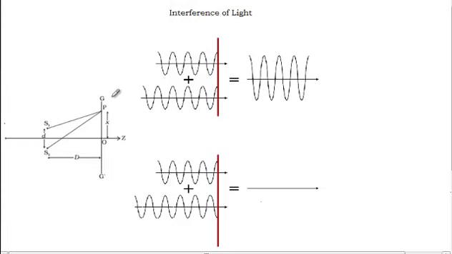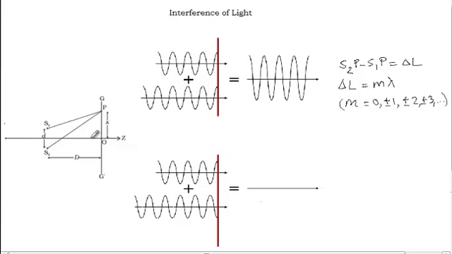This means that if the path length difference, which is S2P minus S1P, and which we are writing as delta L, is equal to m times lambda, where m is an integer, say 0, you have positive and negative values for points below and above the axis. So points above would have positive integer values and below would be negative integer values for the fringes.